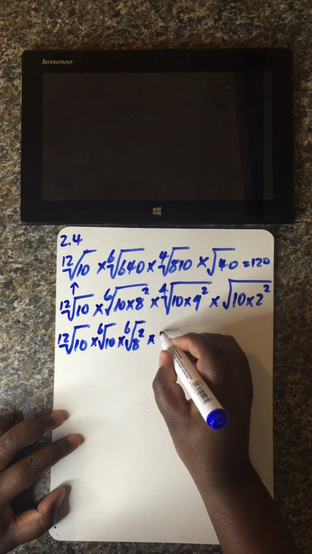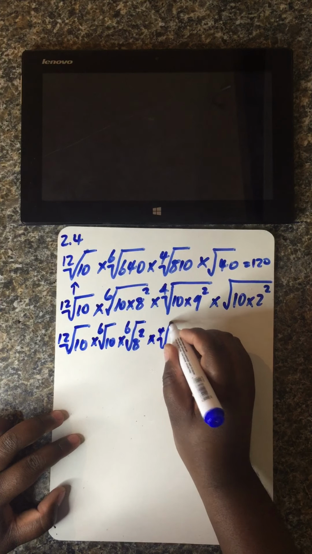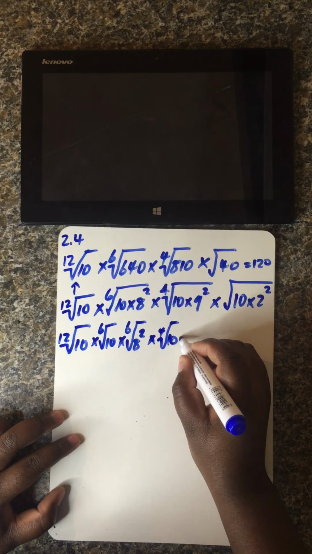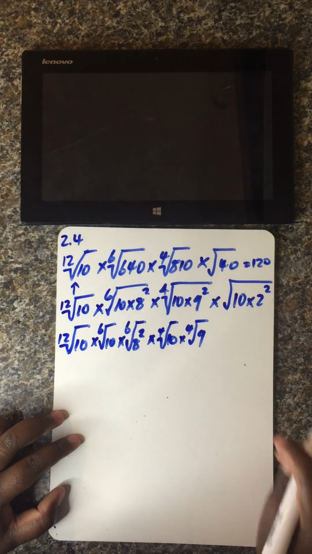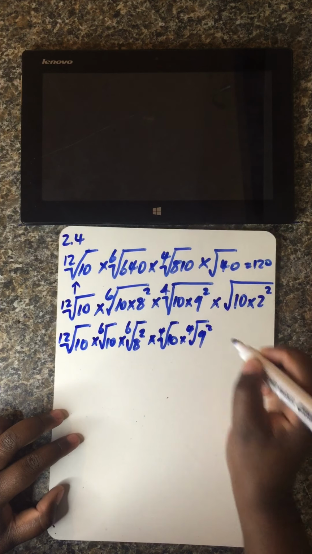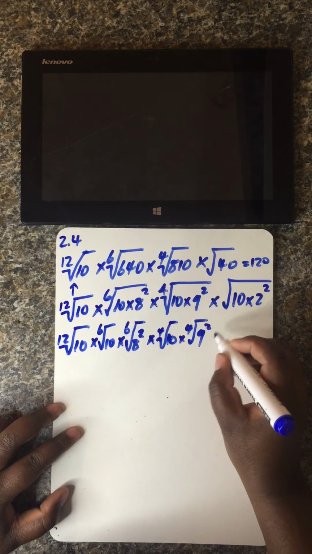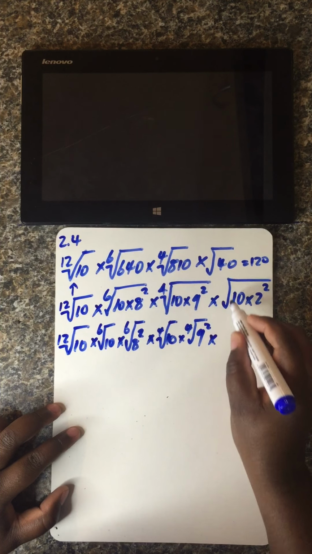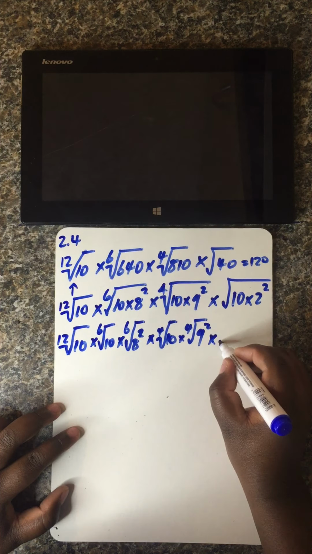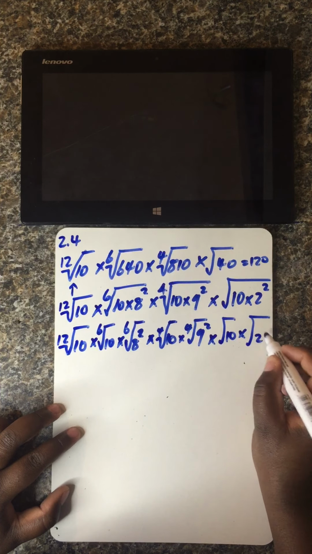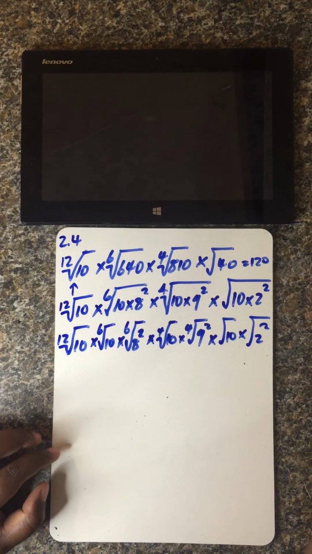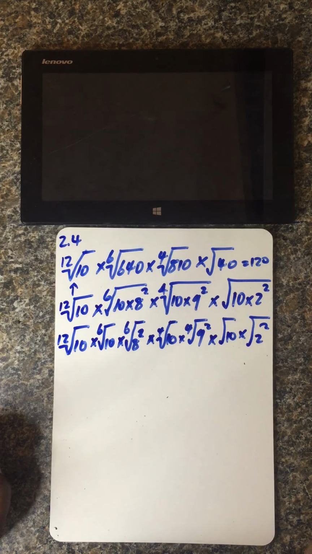This thing is the same as 4 square root of 10 multiplied by 4 square root of 9 squared. Very, very much important. There you don't have anything, so you just write square root of 10 multiplied by square root of 2 squared. Very, very much important.